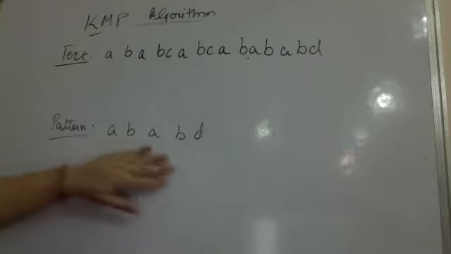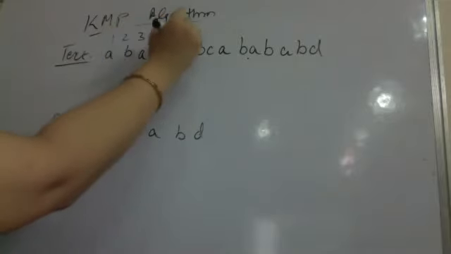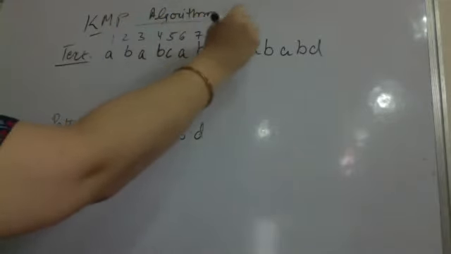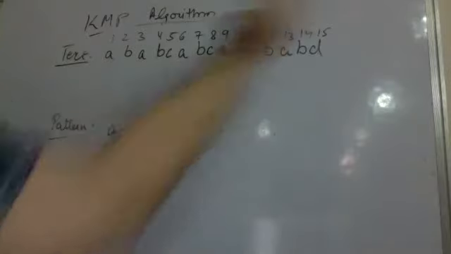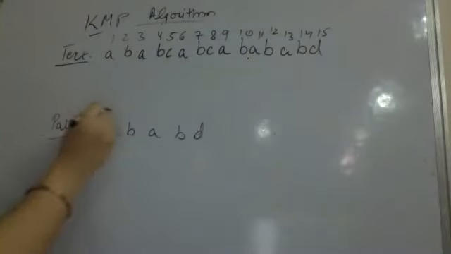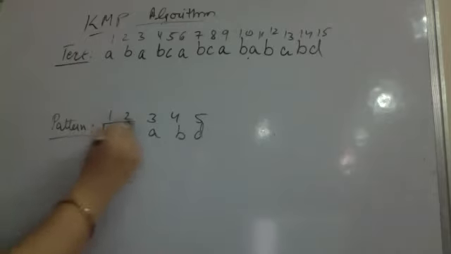So I will be constructing the pi table only for the pattern. I'm again saying how we will be using it. I will just show you. These are the indexes for my text and these are the indexes for my pattern. Let me construct the prefix table for the pattern.